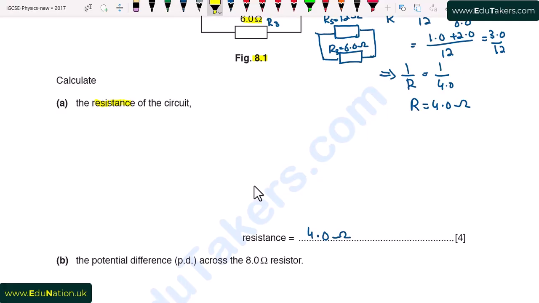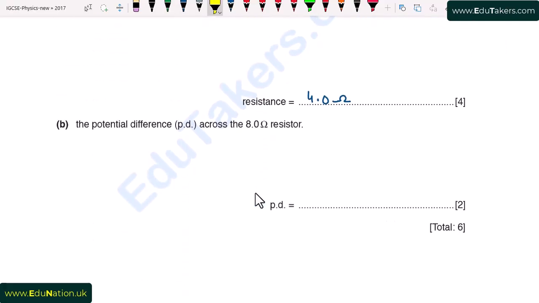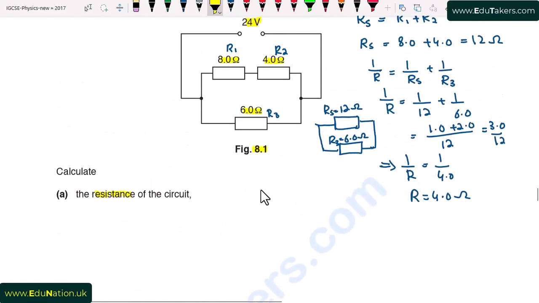Part B, the potential difference across 8.0 ohm resistor. So here we have to find out the potential difference. First of all, I write here series and parallel combination. And here is potential difference and current.